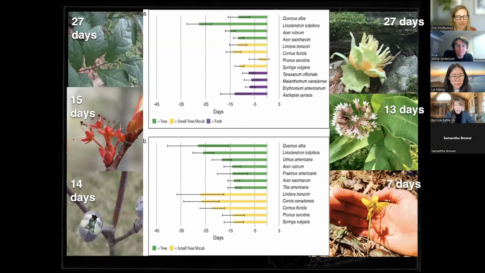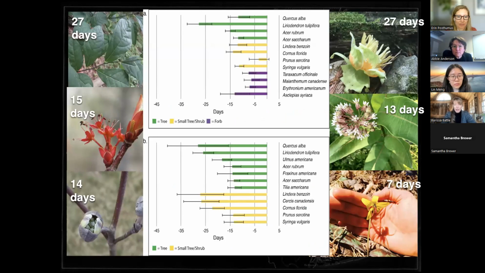Here are some shout outs for the plants that we noticed flowered or leafed out the most advanced. As you can see, some advancements were up to 27 days, which is quite a difference between the past and the present. Some key plants like milkweed or red maple, both really important pollinator plants, advanced both about 2 weeks.